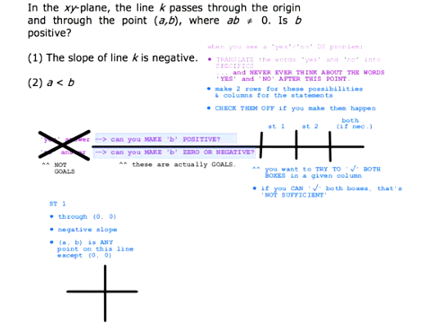Let's just draw a picture of it. Here's a line with negative slope. It goes through the origin. Here's the origin. Now, if you have these goals, you're going to realize right away this is not sufficient.